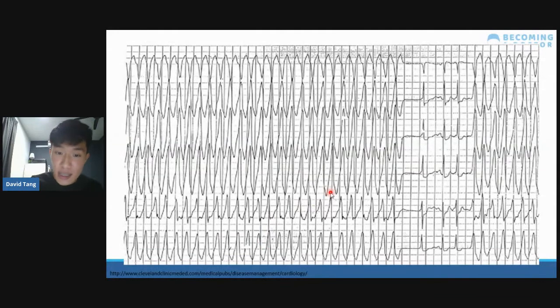It actually isn't, because you can see wide QRS complexes. So it's more towards the ventricular side rather than supraventricular. If it's SVT, you will see complexes like these ones, if you can see my red pointers, and they will be really close together.